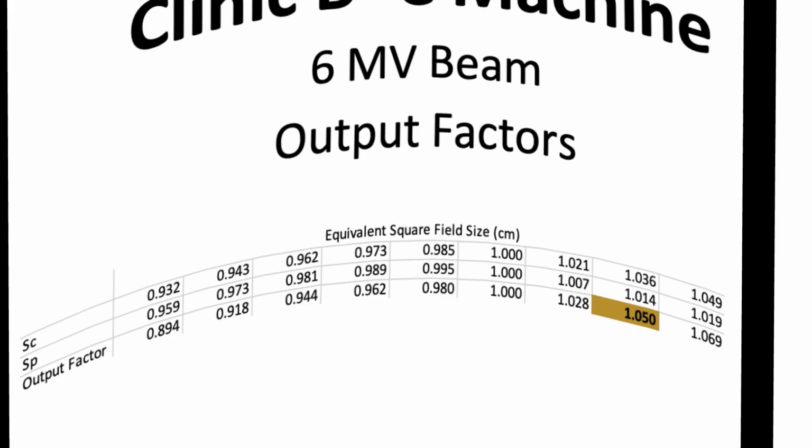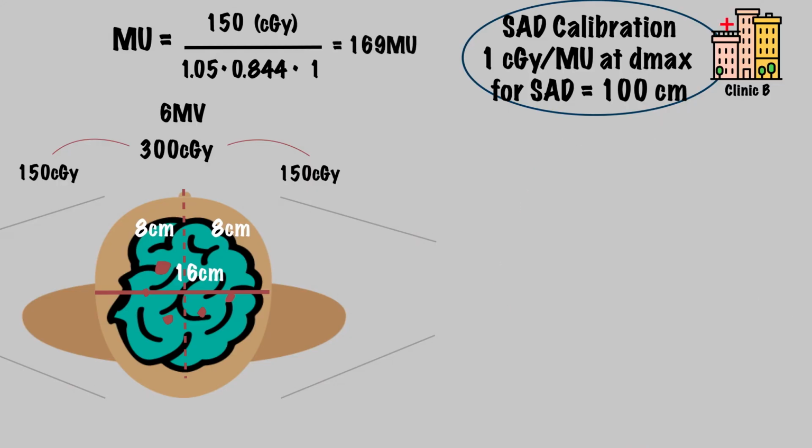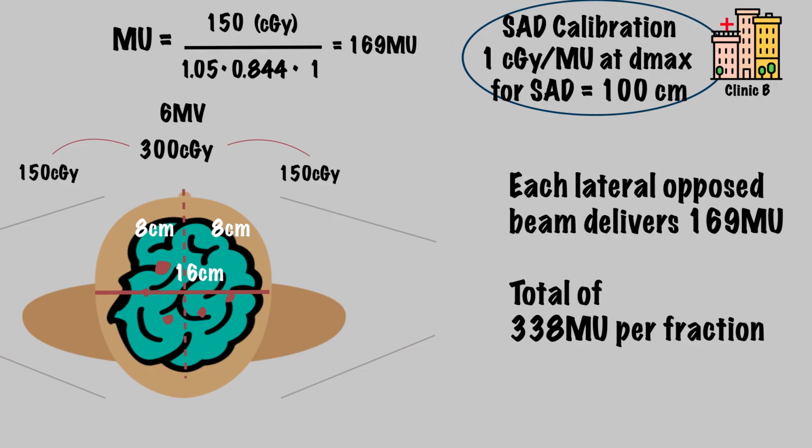Putting this all together, we have 150 centigray divided by our output factor of 1.05 times the TMR value of 0.844, which altogether equals 169 monitor units. So each beam should deliver 169 monitor units, for a total of 338 monitor units per fraction.